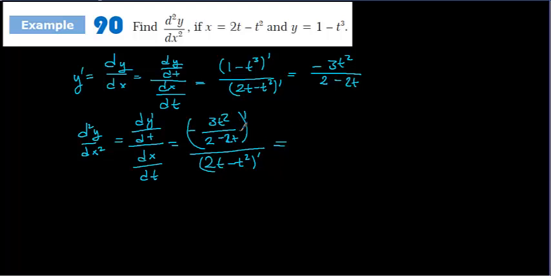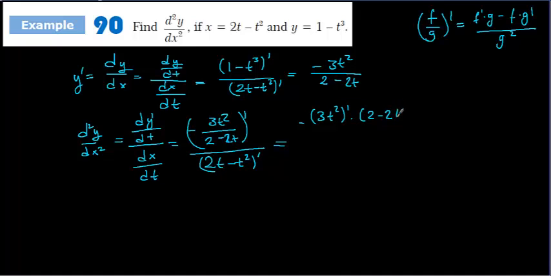And for the derivative of this expression, f over g, the derivative of a division is equal to f derivative times g minus f times g derivative over g squared. This is equal to minus, in front of it, 3t squared derivative times (2 minus 2t) minus 3t squared times (2 minus 2t) derivative, over (2 minus 2t) squared.